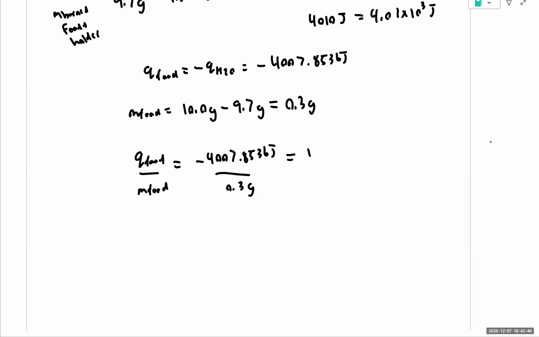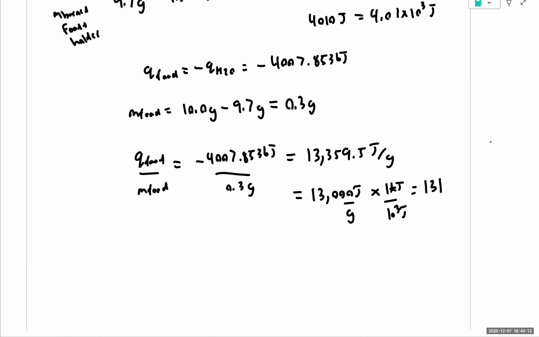That in turn gives us 13,359.5 joules, which we round to 13,000 joules. If we know that in 1 kilojoule there are 10 to the third joules, this is in turn 13,000 joules per gram. We can write it as 13 kilojoules per gram.